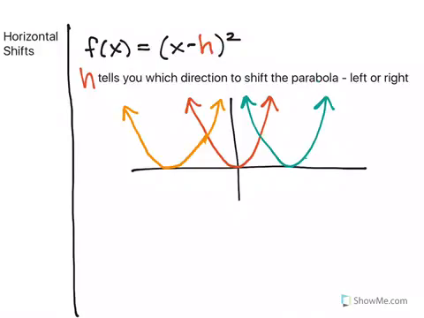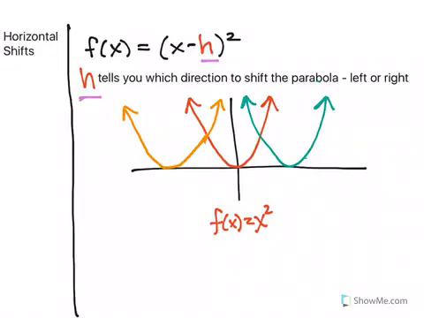Alright, so what else can we do to this graph? Well, we can also shift the graph left and right. We shift the graph left and right by adding a value of h here. The orange graph is our basic f(x) equals x squared.